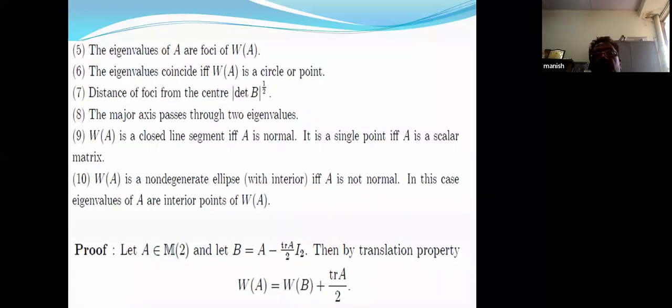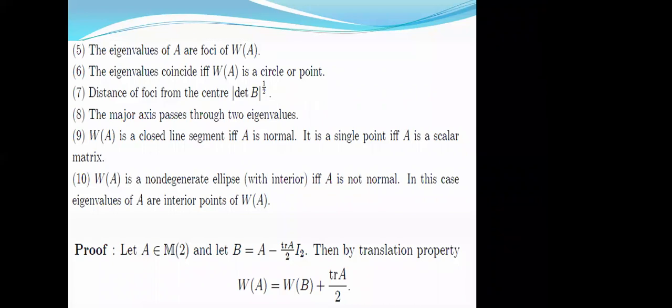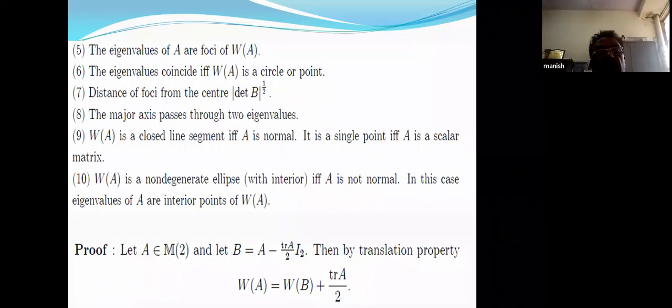The eigenvalues of A are the foci of the numerical range of A. Also, the eigenvalues coincide if and only if the numerical range of A is a circle or a point. The distance of the foci from the center is |det P|^(1/2). The major axis passes through the two eigenvalues.